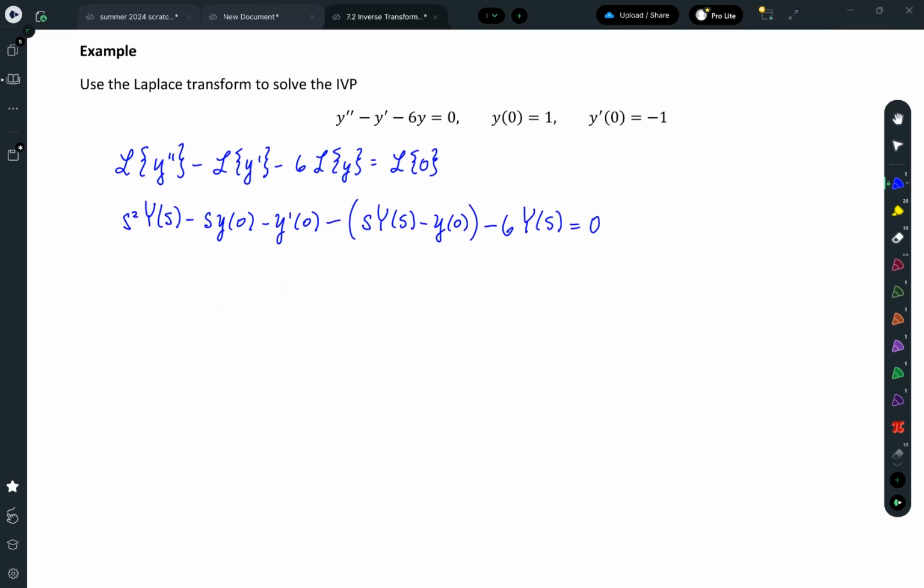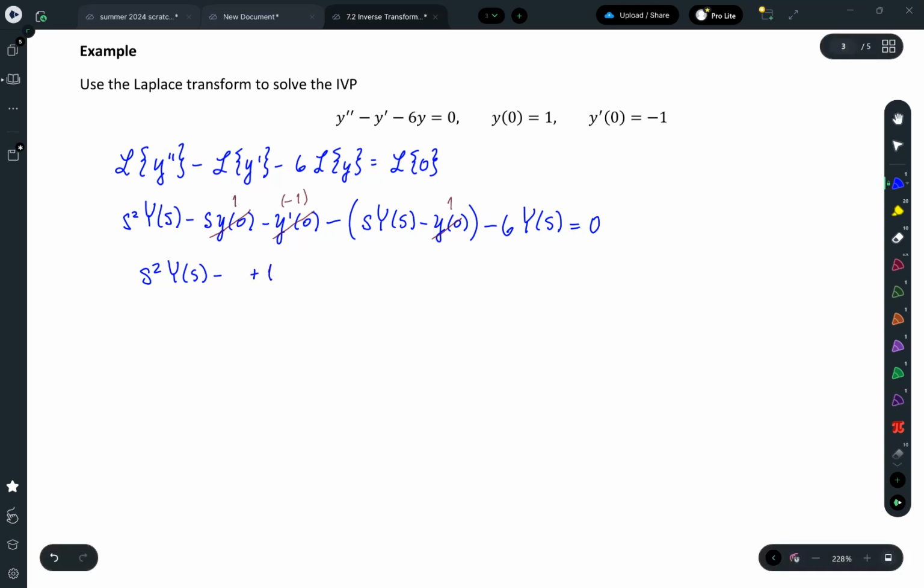Now let's replace some of the things. Y of 0 is 1. Y prime of 0 is negative 1. So put it in with parentheses. Again, y of 0 is 1. Okay, so I'm going to go ahead and distribute and replace stuff. So we have s squared big Y of s minus s plus 1.